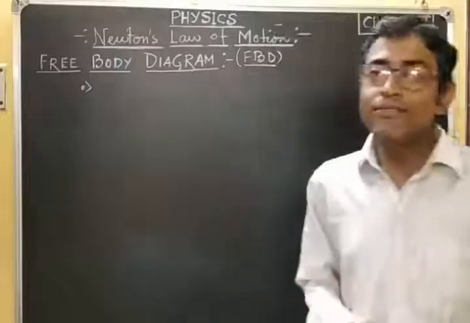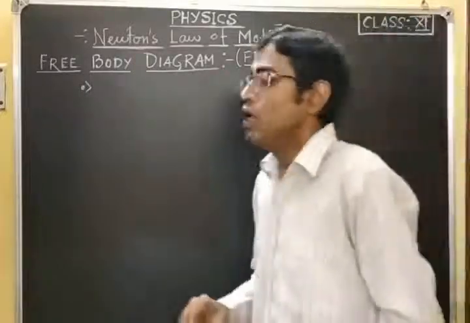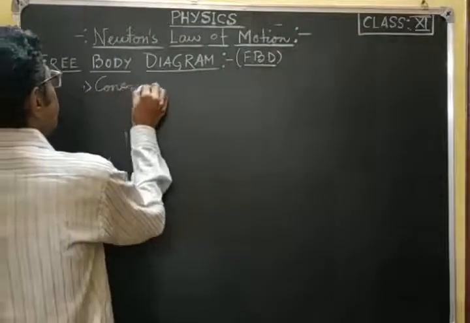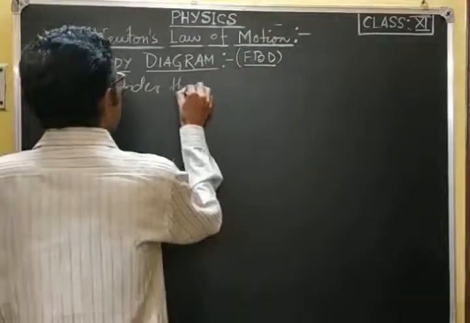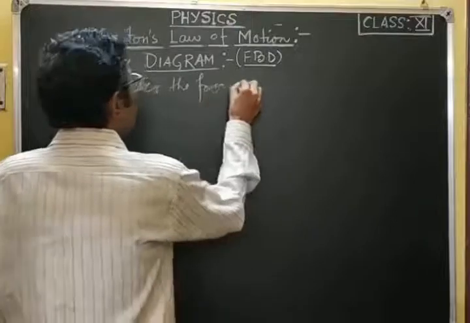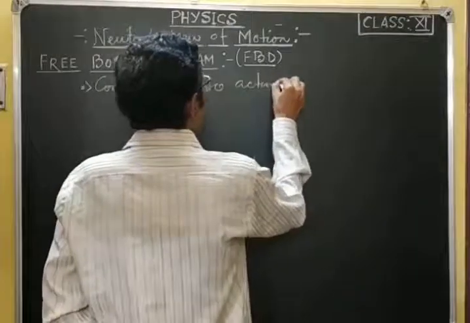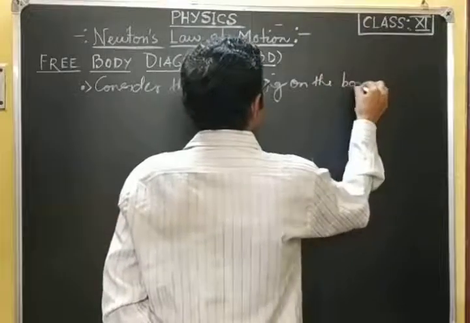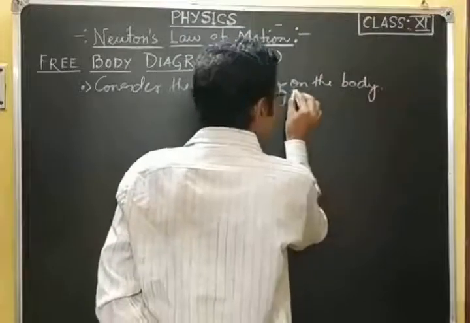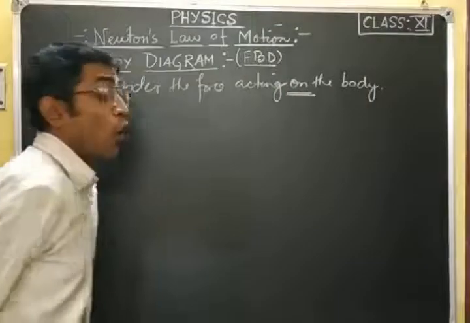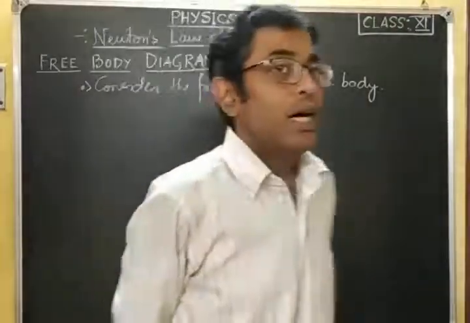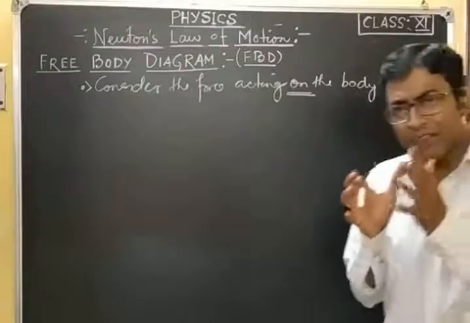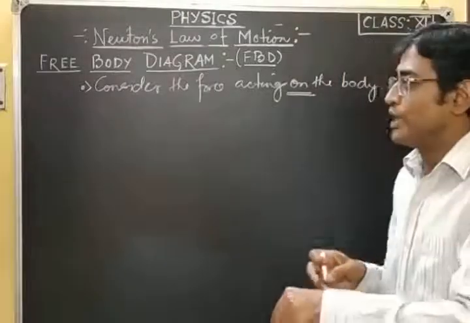So remember, the first point you have to know is that you have to consider the force acting on the body, remember this word, acting on the body, not the force which is created by the body. All the forces which are acting on the body.